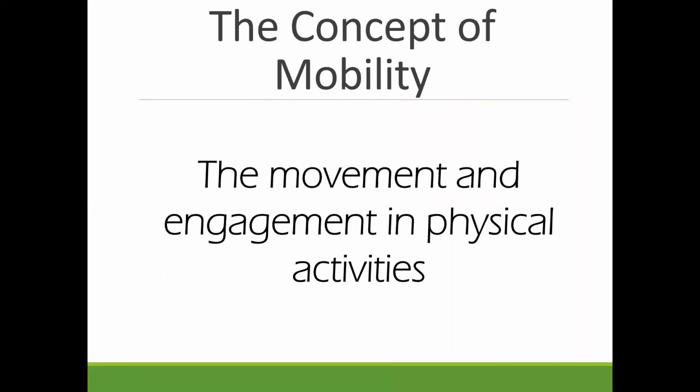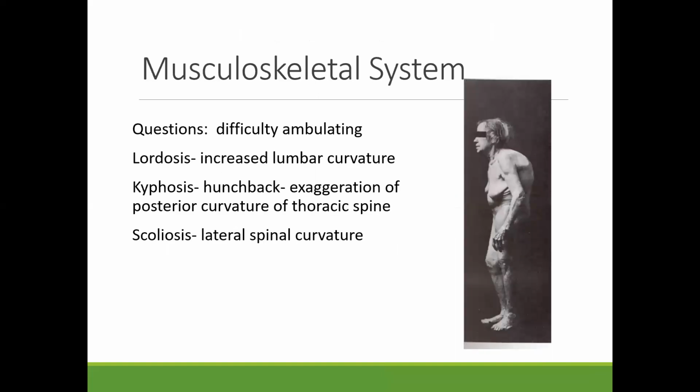The concept of mobility: the movement and engagement in physical activities. Musculoskeletal system will do mobility. Actually, you would have already had mobility prior to this lecture because we're covering it first. But how do I assess for mobility? If they are ambulatory, I'm assessing their gait. I'm assessing their muscle strength.